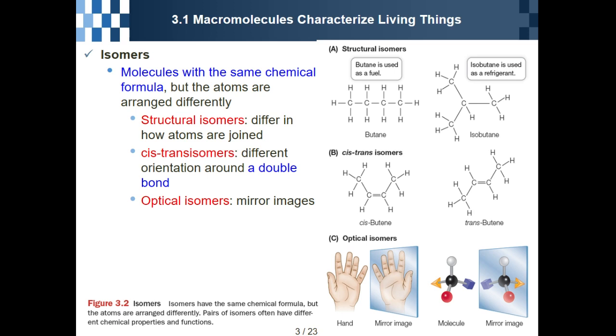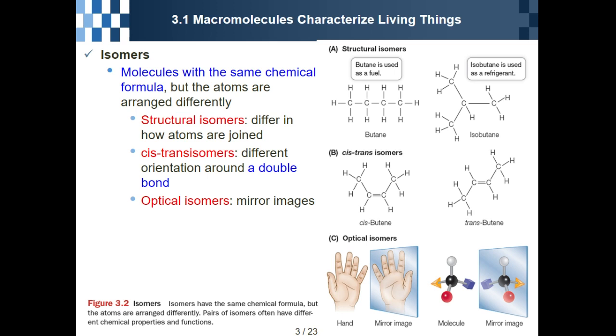In the case of cis-butene, on one arm they have a methyl group and on the other arm they also have a methyl group. How about trans-butene? On one arm they have the methyl group, and on the other side, one leg instead of the arm, they have the methyl group. So this is trans-butene.